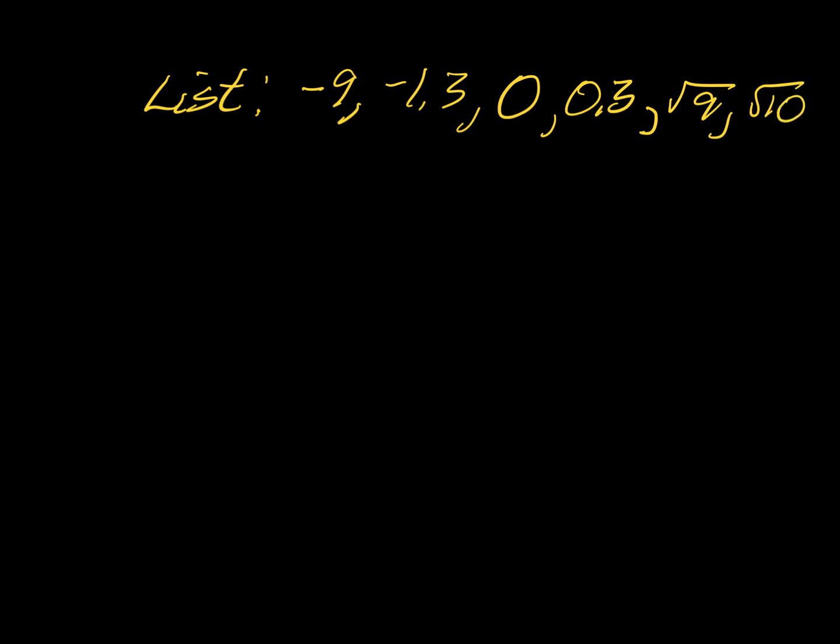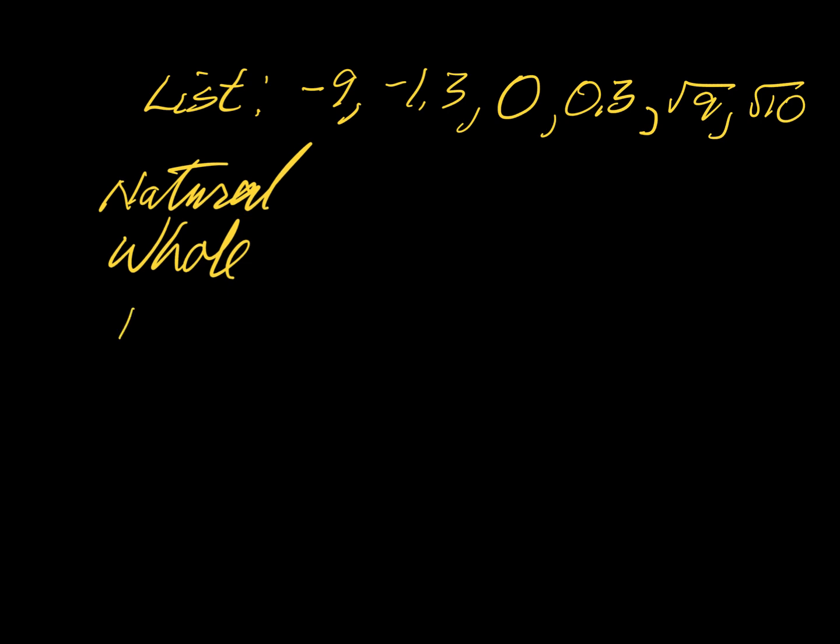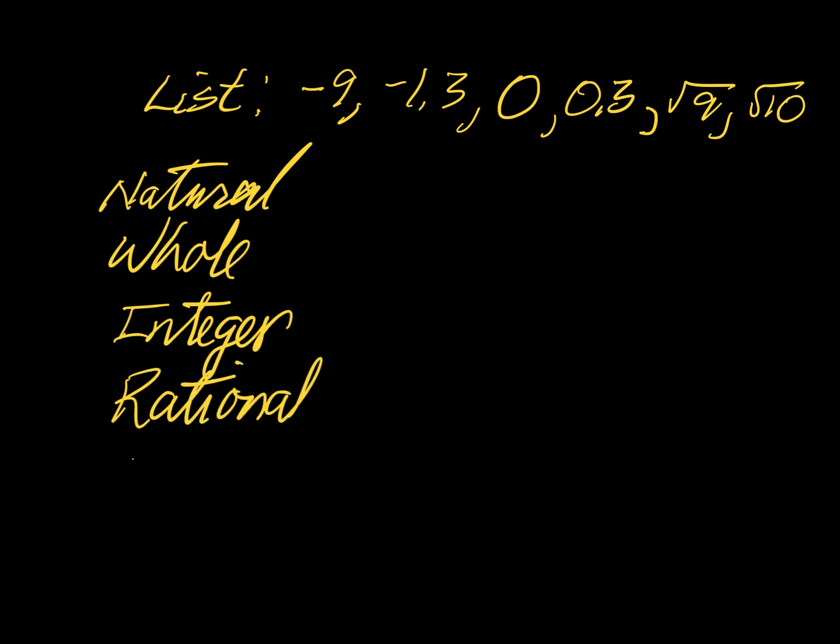And I want to list which ones go in each set. So in other words, which ones are a natural number, which ones are a whole number, which ones are an integer, which ones are rational, and which ones are irrational. They're all real, so I would list all of them.